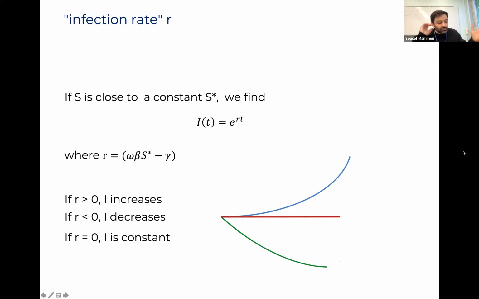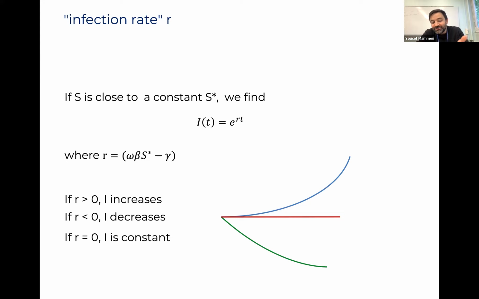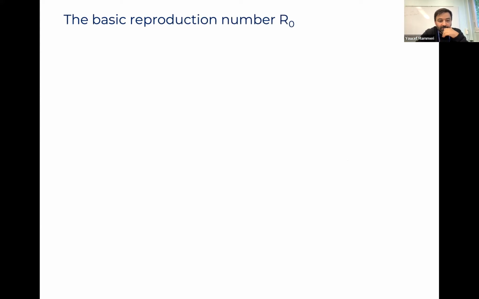I had 2 equations, too complicated, and then I just have a number. And this number is quite simple to compute. But the problem is that this number does not have any biological meaning. It is just a mathematical term. So it's still complicated, but okay. We can rewrite this coefficient a little bit.